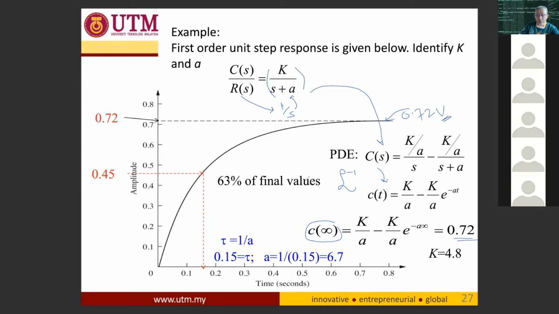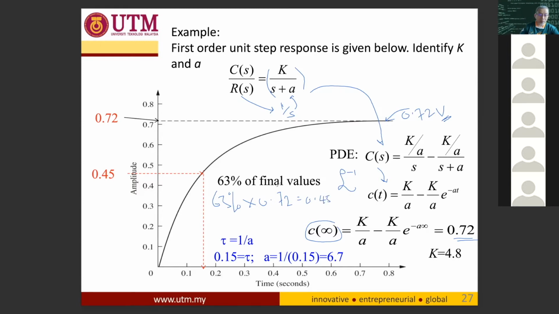So 63% of 0.72 is what? 63% multiplied by 0.72 is 0.45.